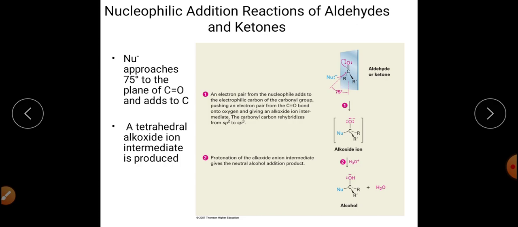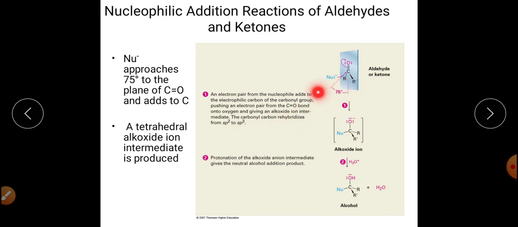This is a carbonyl compound, a case of aldehyde or ketone. The nucleophile approaches this carbonyl carbon from 75 degrees, and as we know the hybridization state of this carbonyl carbon is sp2, and when the nucleophile approaches it, it forms an alkoxide ion in which the hybridization of this carbon changes from sp2 to sp3.